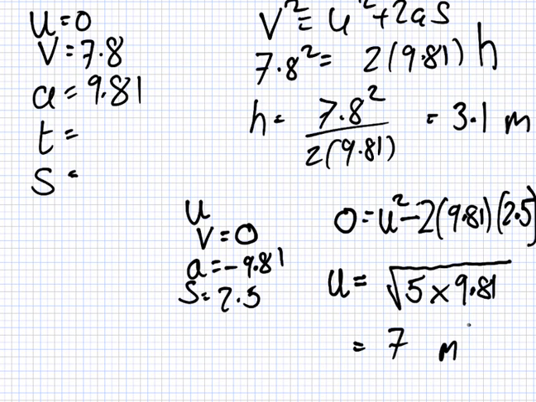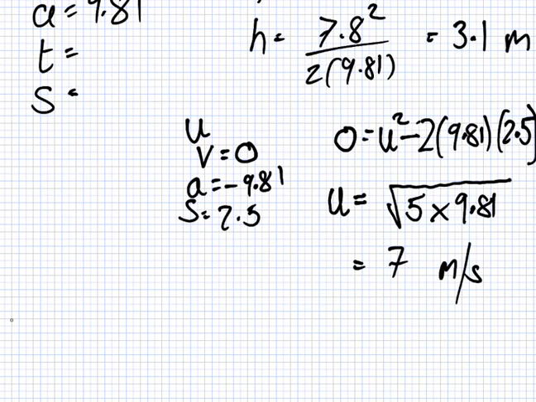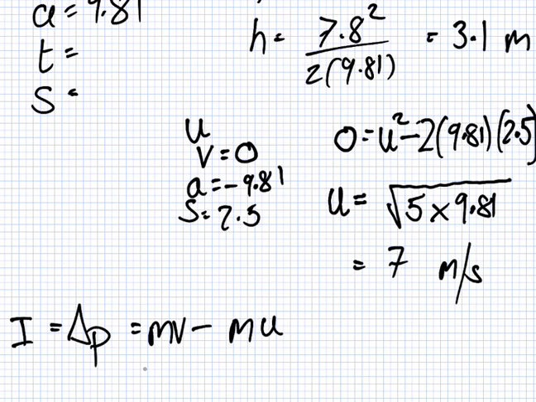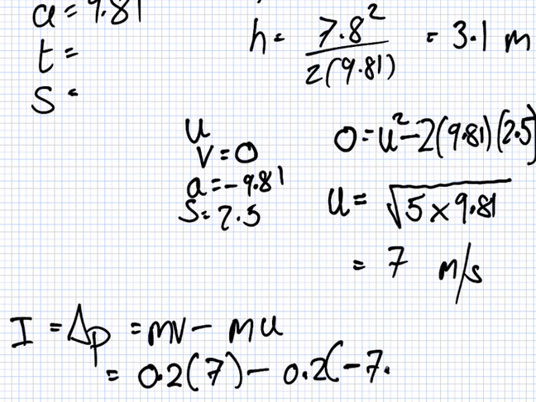Okay. Next part is the impulse, which is the change in momentum, which is mv minus mu, which is 0.2 times 7 minus 0.2 times minus 7.8.